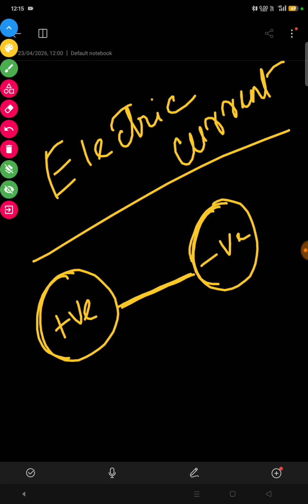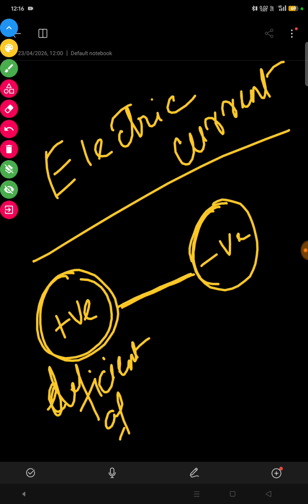Suppose this body is positively charged. Positively charged means it has a deficiency of electron, and this one has more electron. So until both bodies acquire the same potential of charge, the charge will continue to flow from high potential to low potential.